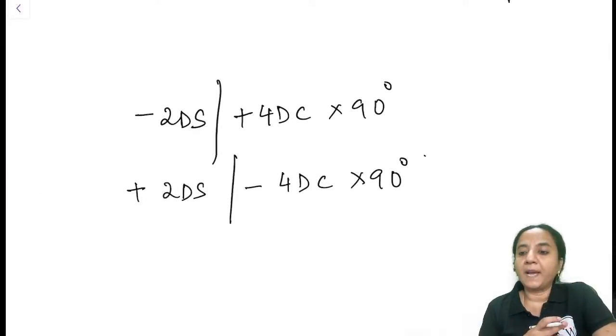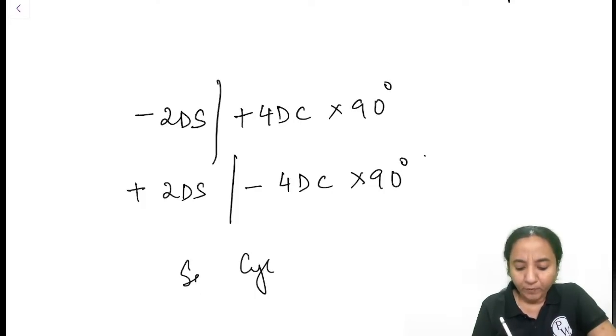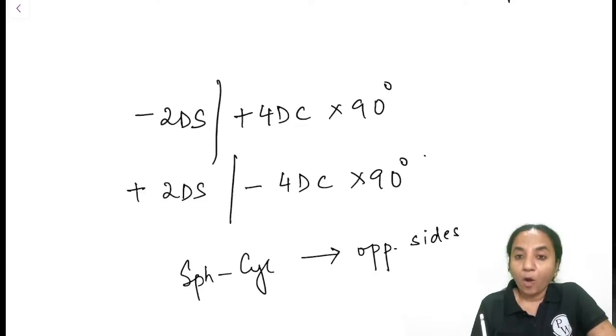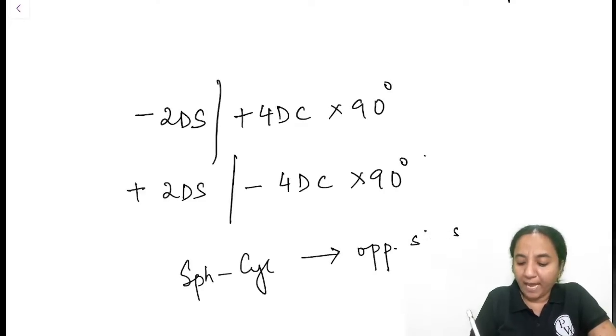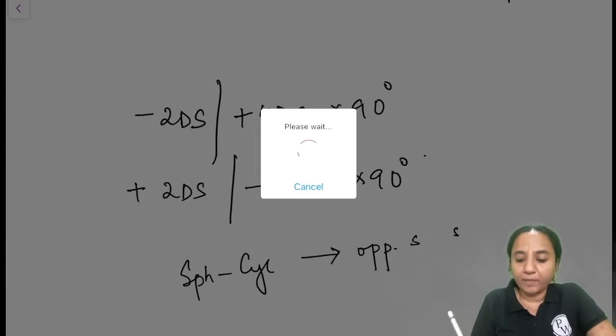So the sphere is minus and the cylinder is plus, or the sphere is plus and the cylinder is minus. When the cylinder and the sphere are of opposite signs, and also the absolute value of the cylinder is greater than the sphere.